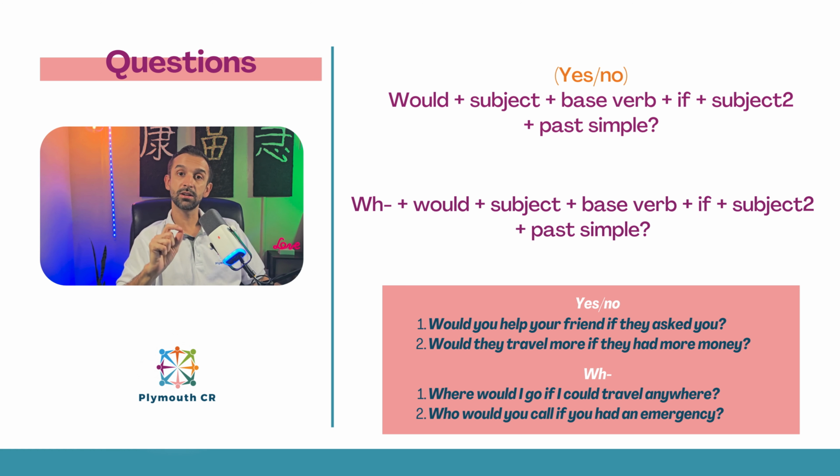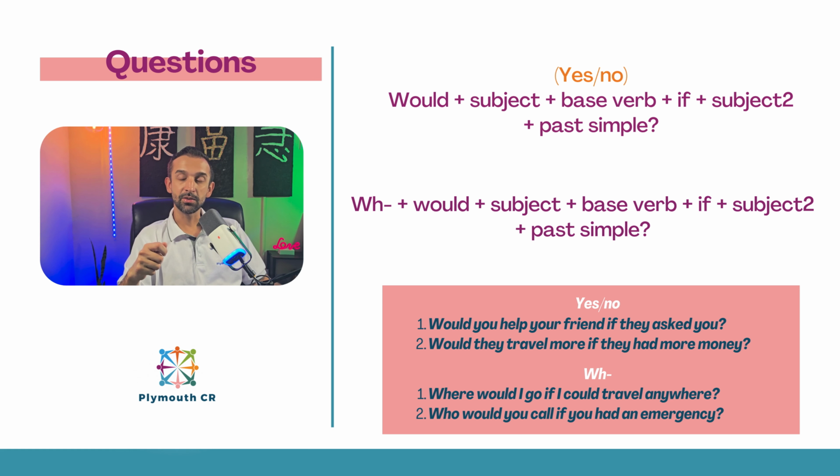We use they in here, and this is very important for you to know, because remember that the word friend doesn't have gender. So in here, we're asking, would you help your friend, which is in singular form, but we don't know if it is a girl or a boy. And I'm asking this in general, right? In Spanish, we would say, ayudarías a un amigo si te lo pidiera.